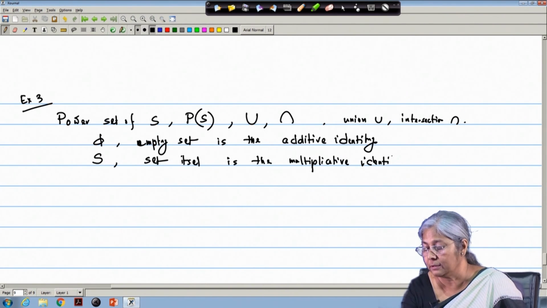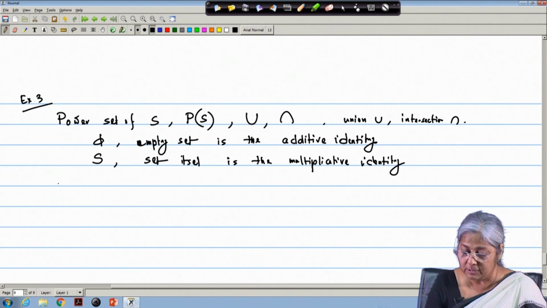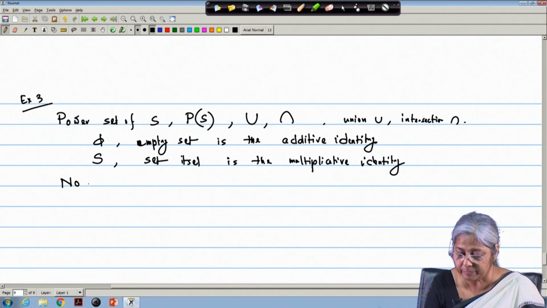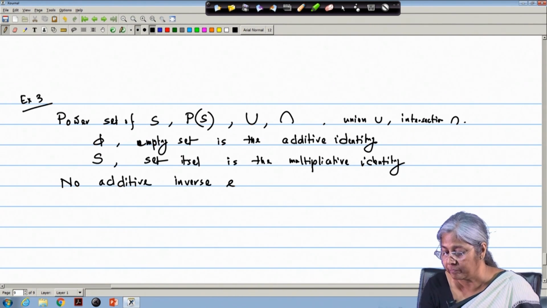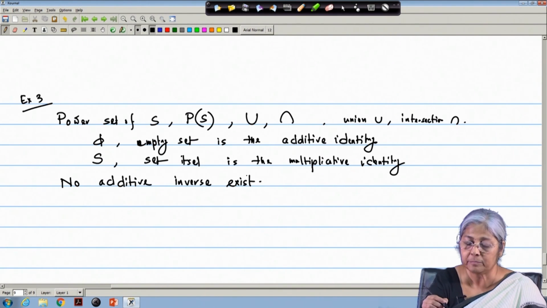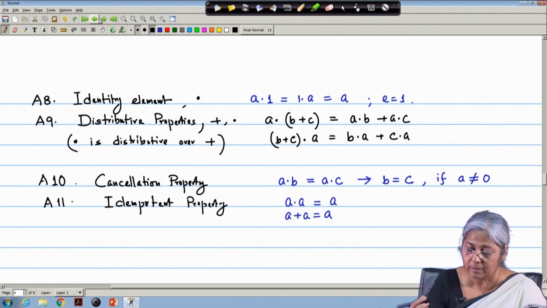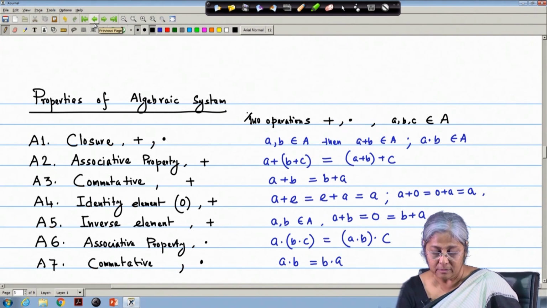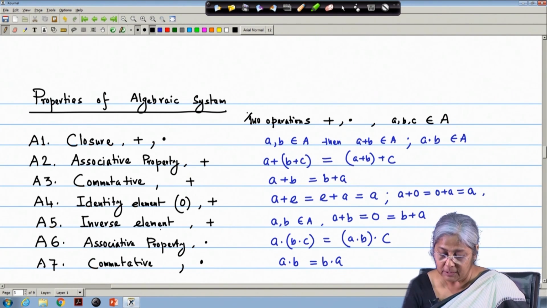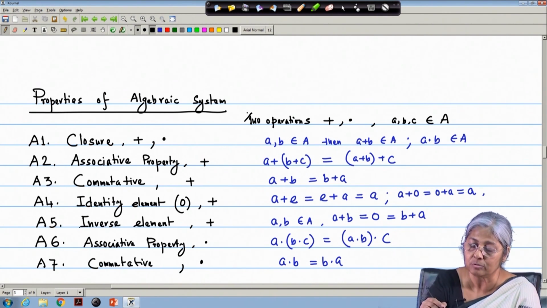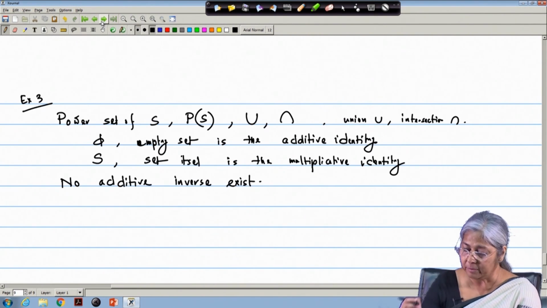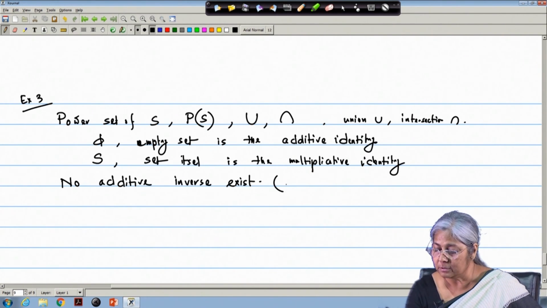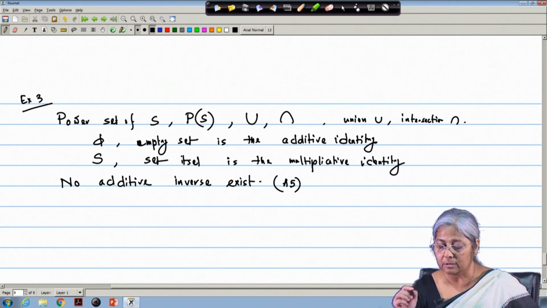However, here no additive inverse exists. That means the inverse element, that is A5, is not there.